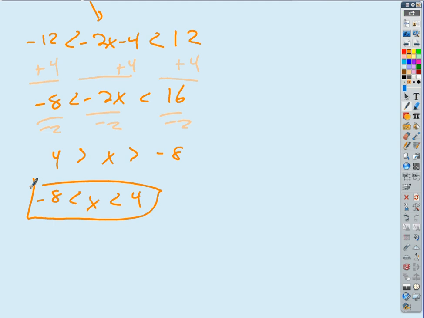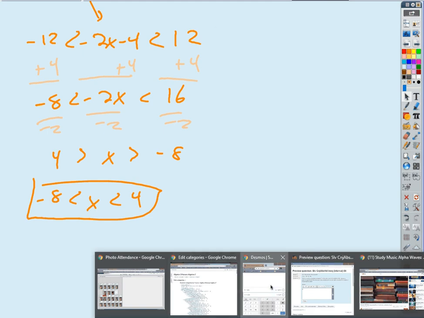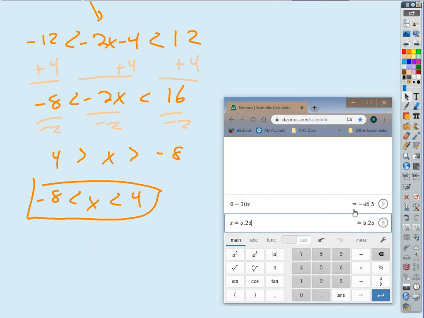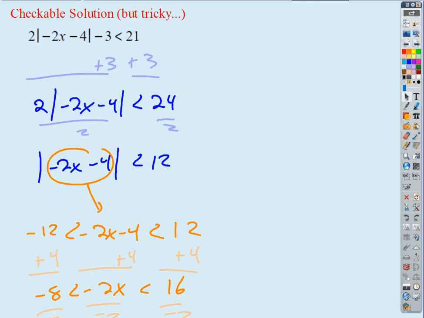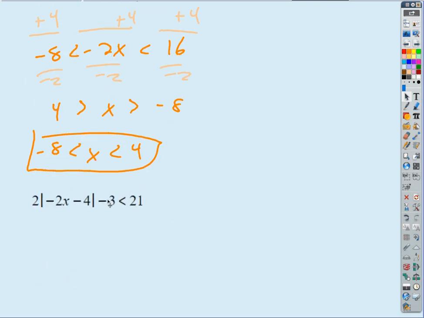So here's the part I want to show you. If I check that, so there's what I'm checking.